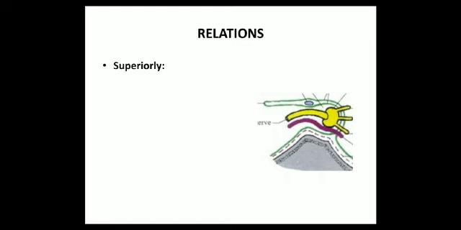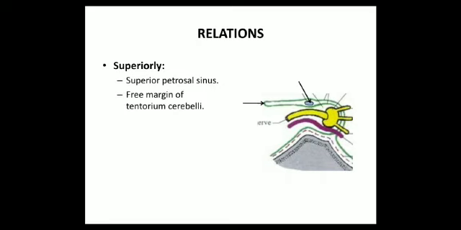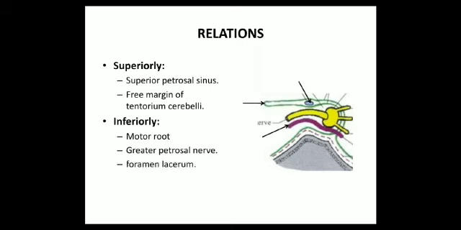The other relations: it is related superiorly to the superior petrosal sinus and the free margin of the tentorium cerebelli. Inferiorly, it is attached to the motor root, the greater petrosal nerve, the foramen lacerum.